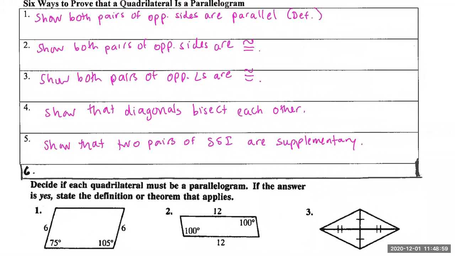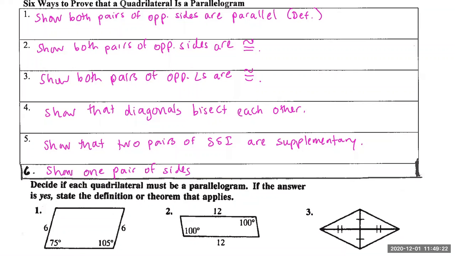Notice there's the word both, or show that both diagonals, two pairs. There's one that has only one pair in it. So show that one pair of sides. The one that has only one pair of sides has two things that have to happen, right?